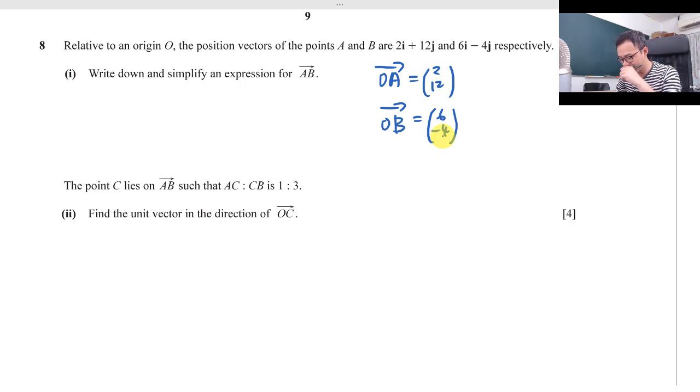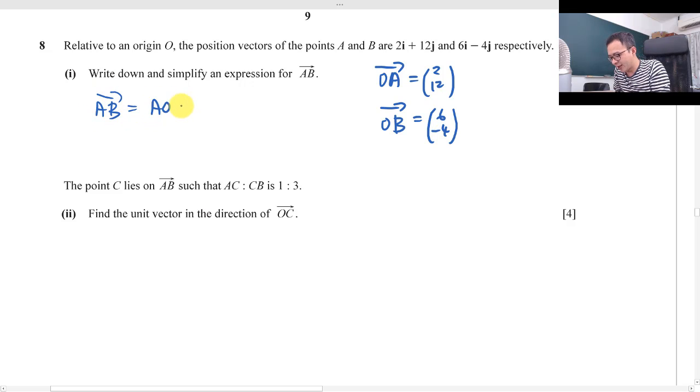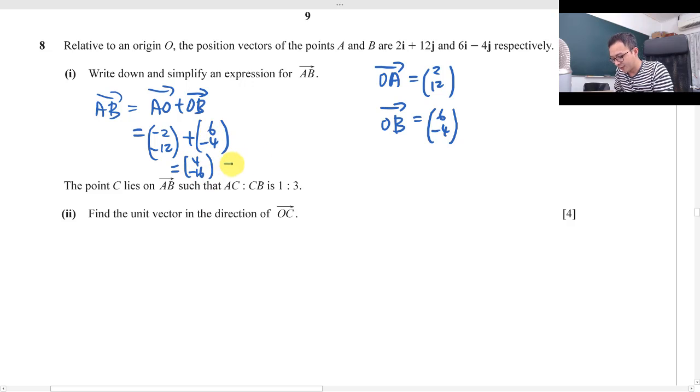So write down the simplified form. AB is quite straightforward, equals AO plus OB. AO should be negative 2 and negative 12, add a negative for it, plus OB, which is 6 and negative 4. So my final answer should be 4 and negative 16. If you prefer i and j, you just write 4i minus 16j.